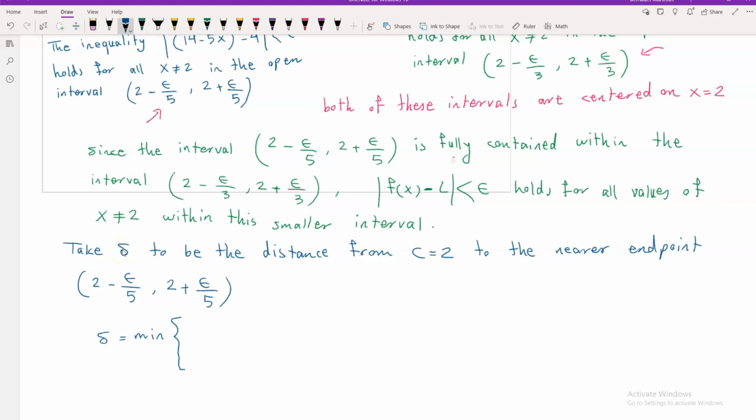So here, delta is the distance from c, which is equal to 2, to the nearer endpoint of our interval.